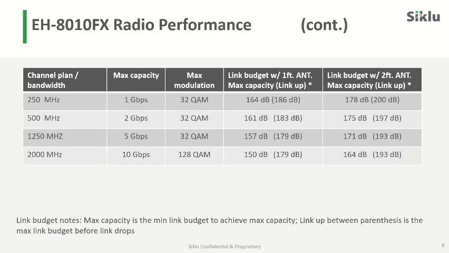When there is no rain, you will always get the full capacity. However, if there is rain at 10 kilometers, definitely, but even at 3 and 2 kilometers, heavy rain can reduce the capacity of the EH-8010FX radio.